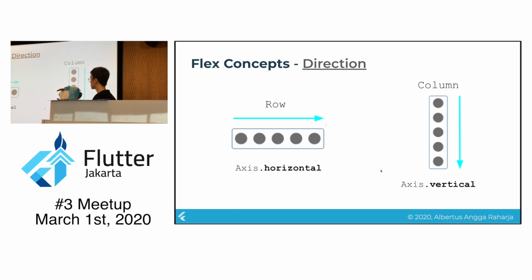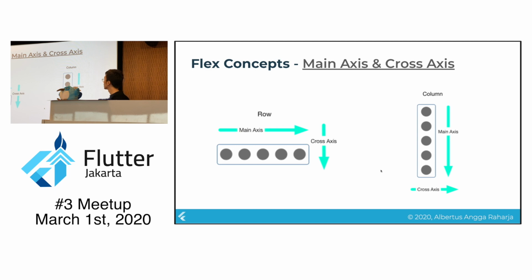The first concept is direction. As I mentioned before, row is horizontal, column is vertical. So axis here is a class from Flutter. It's an enum class, and the possible values are only horizontal and vertical. And then main axis and cross axis. This is a new term. If you're familiar with Flexbox, you already know it. So main axis is the direction which is the same as the direction of your widget.